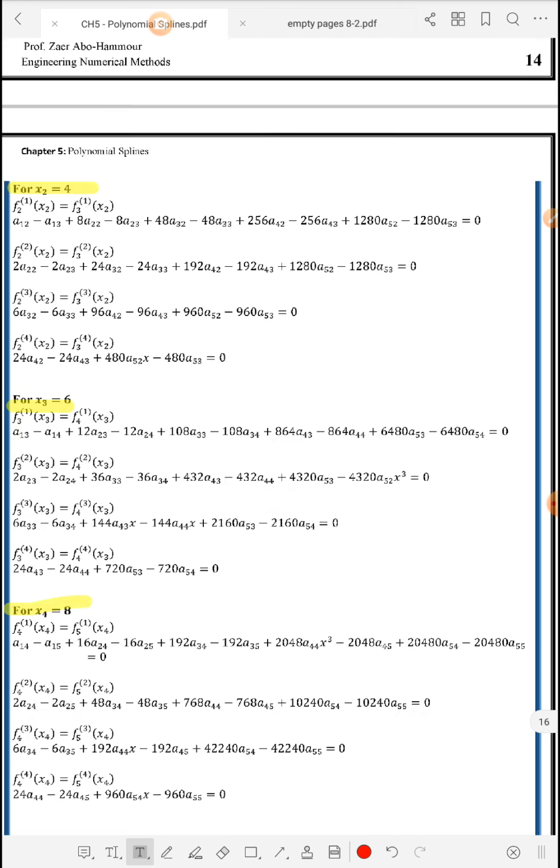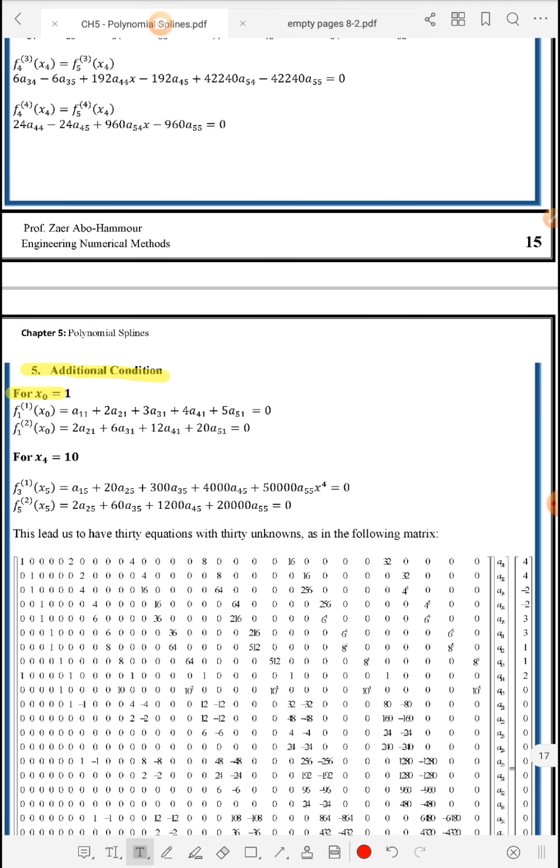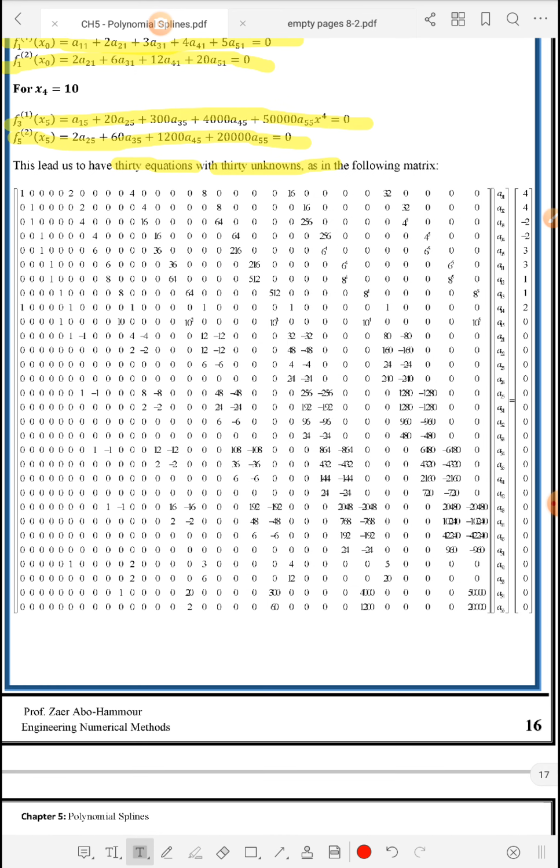These are regarding the first derivative and the second derivative at the initial and final points. So the first derivative at the initial point is equal to 0, the second derivative at the initial point is equal to 0, the first derivative at the final point is equal to 0, and the second derivative at the final point is equal to 0. So we have 30 equations with 30 unknowns, and this huge matrix is generated.